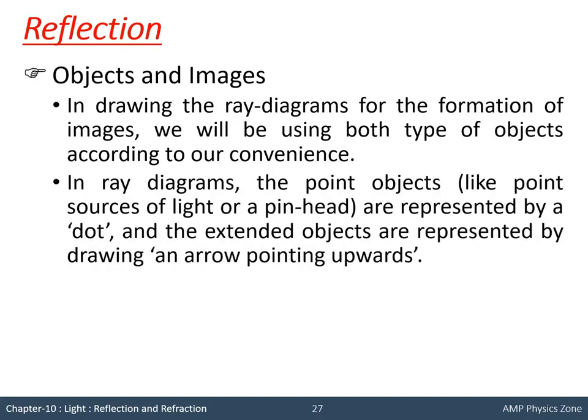In a ray diagram, a point object is represented by a dot, and for an extended object, like a tree or building, we draw an arrow pointing upward. Okay, this is about object.